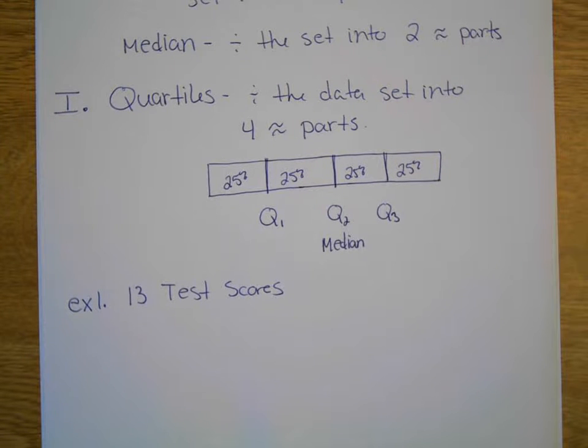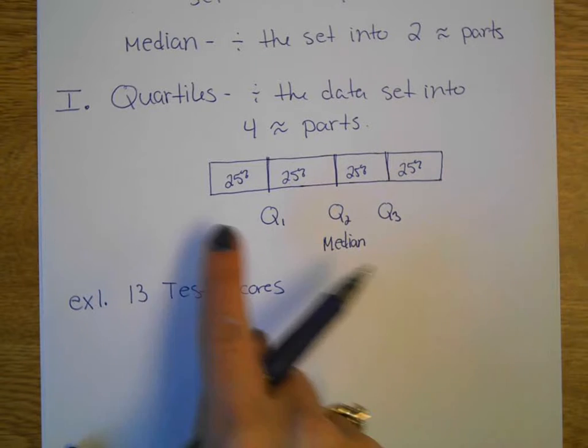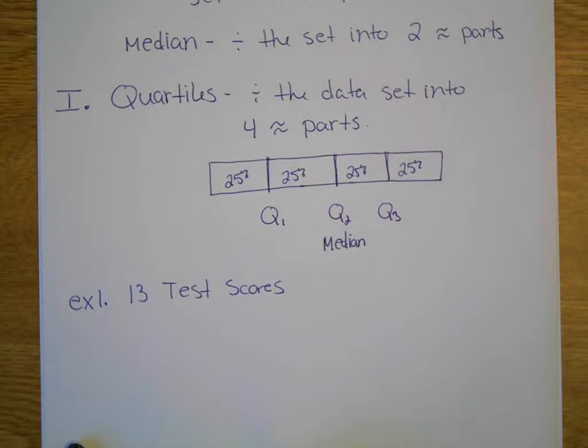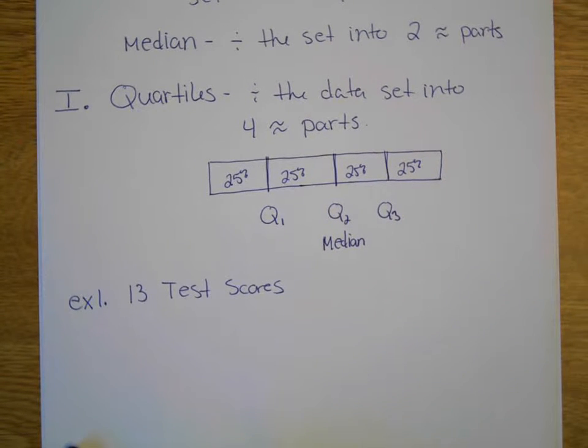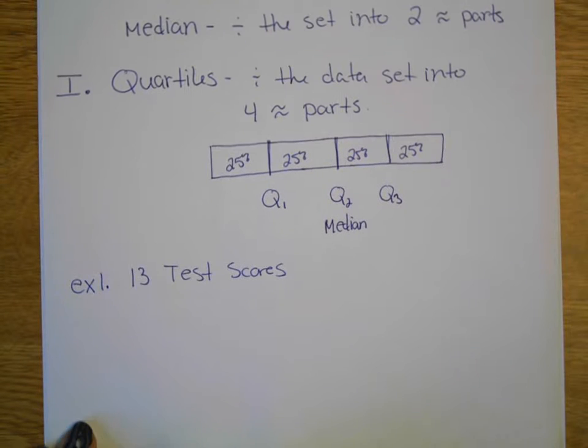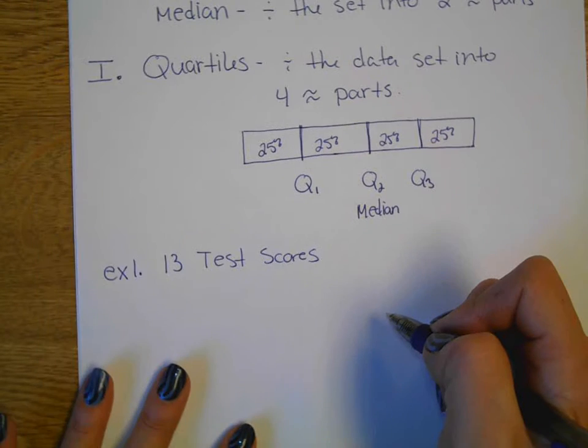I would write them in a row across this way, just like the board, because then we're going to find the quartiles. Are you ready for me to start reading?